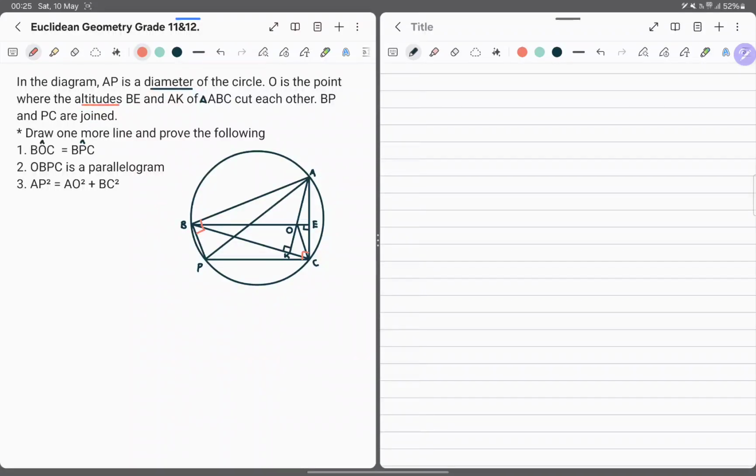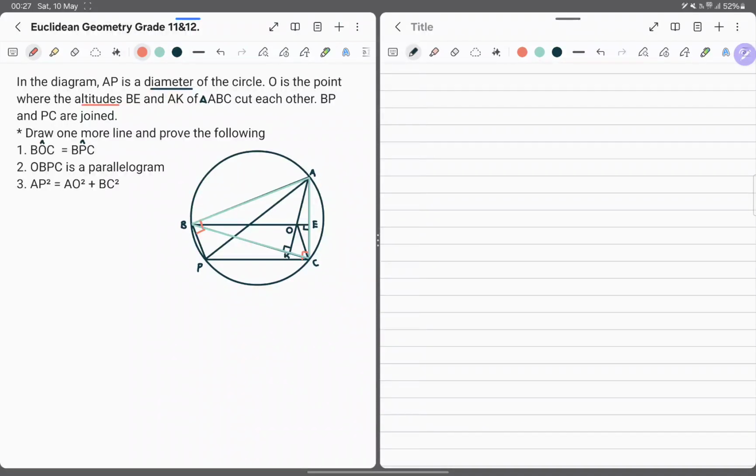What are altitudes? These are lines from one vertex of a triangle perpendicular to the opposite side. So we are told the altitudes BE, where is it? BE and AK of triangle ABC. Where is triangle ABC? So we can clearly see that indeed there is triangle ABC.